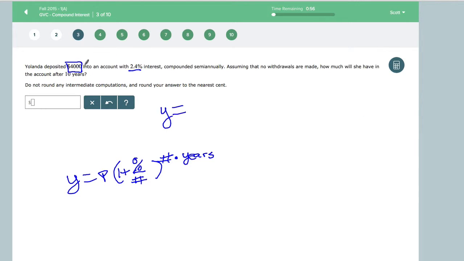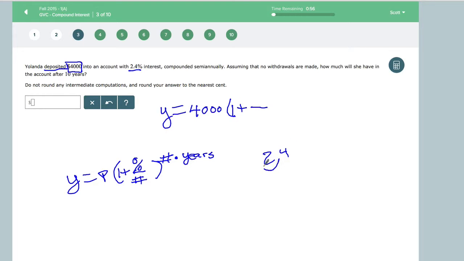Let's look at it. Our first value, or our start value, is 4,000. Parentheses. We're depositing money into an account, so we would expect it to grow. So 1 plus, and then we have our fraction. The top number is our percent, so it's 2.4%.